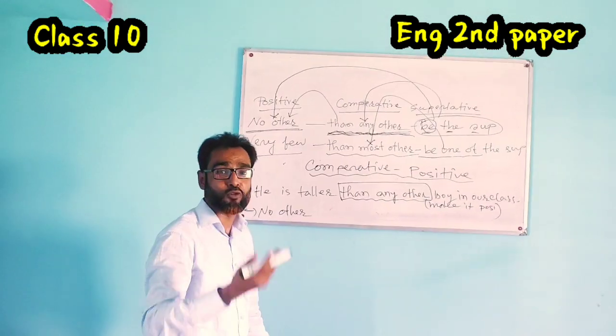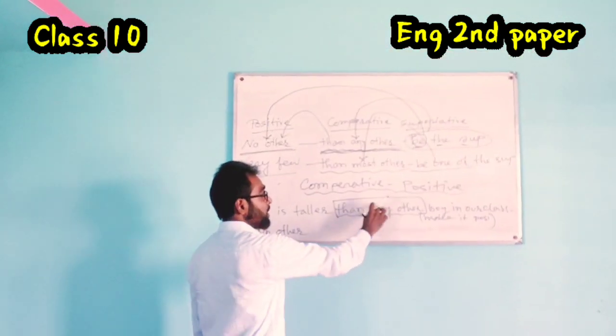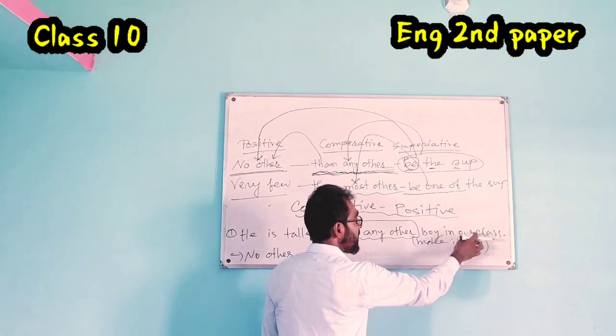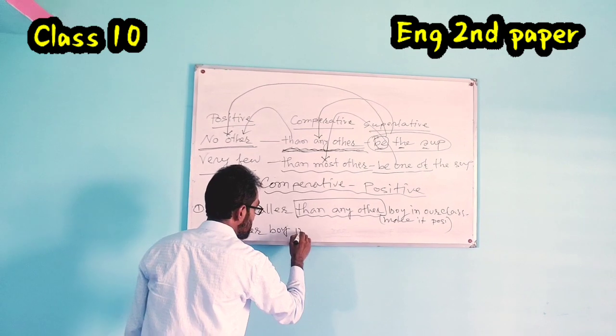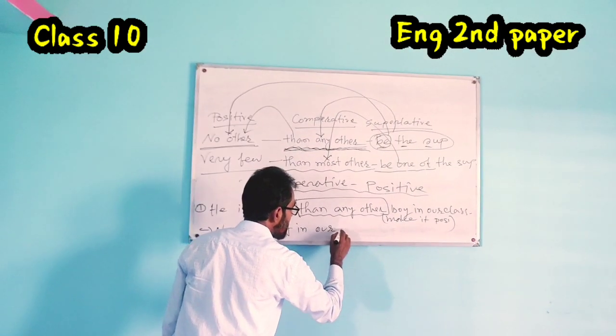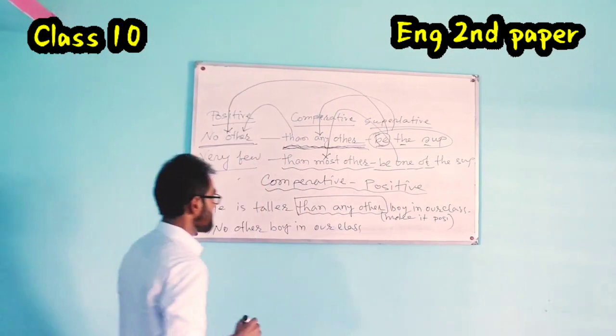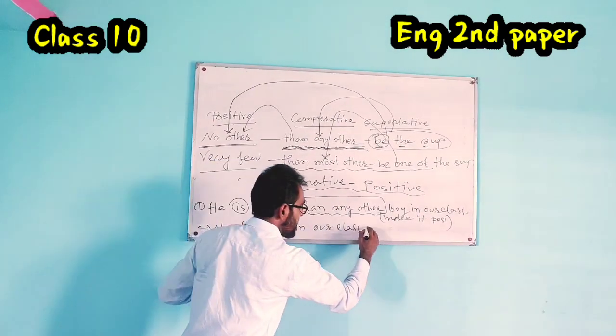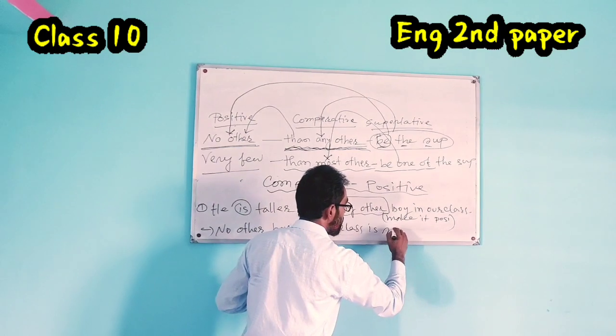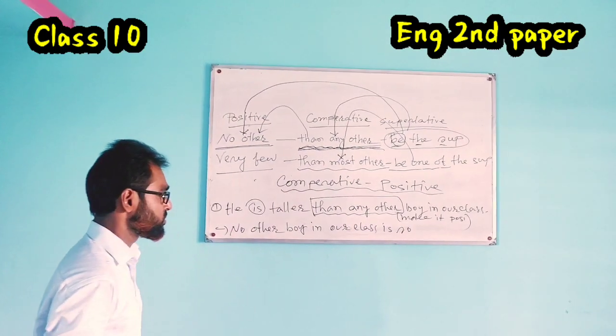You will take the last portion after the comparative sign: boy in our class. No other boy in our class. Now we need a verb here. From here we take is. Now, from the rules.